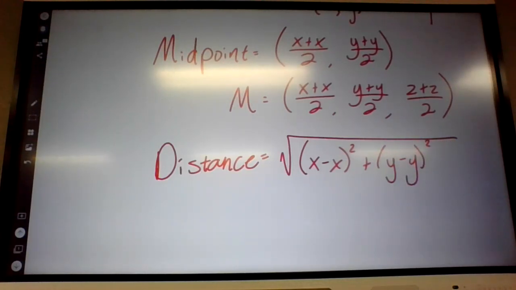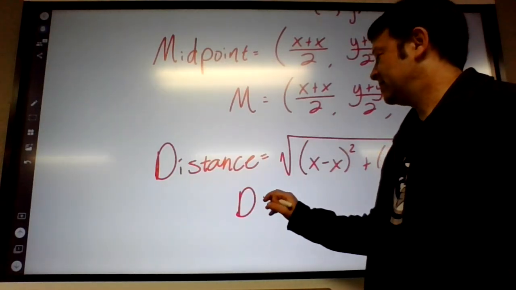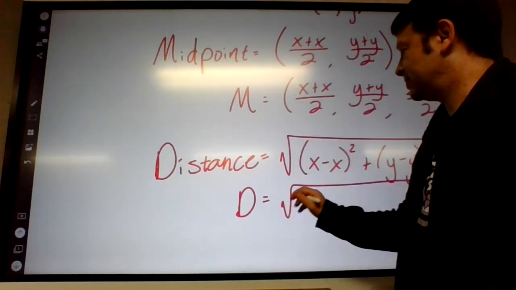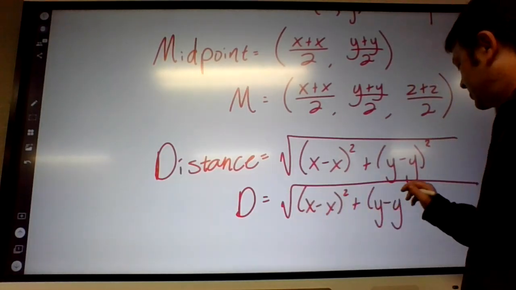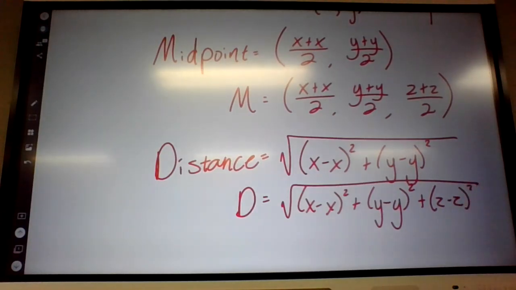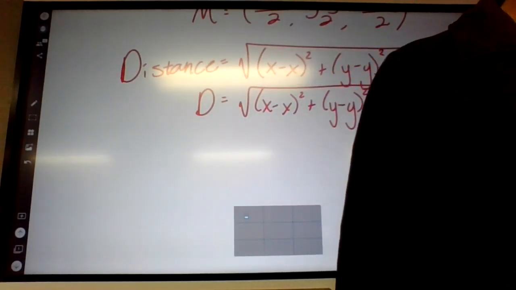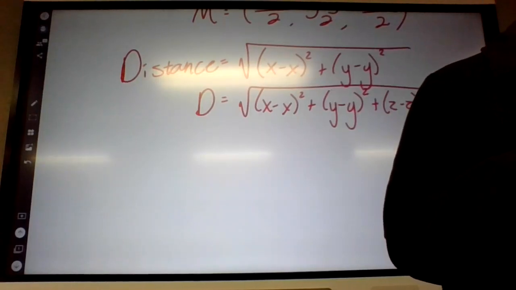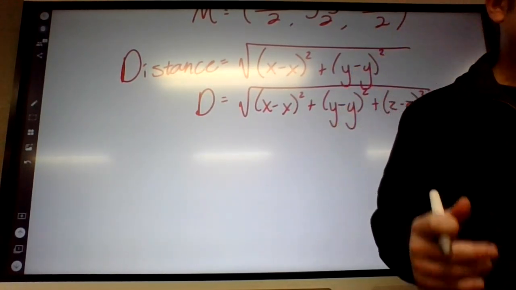So if we're doing distance in 3D, and that's what we're doing on 1 through 4. 5 and 6 are more like what we're doing at the beginning.